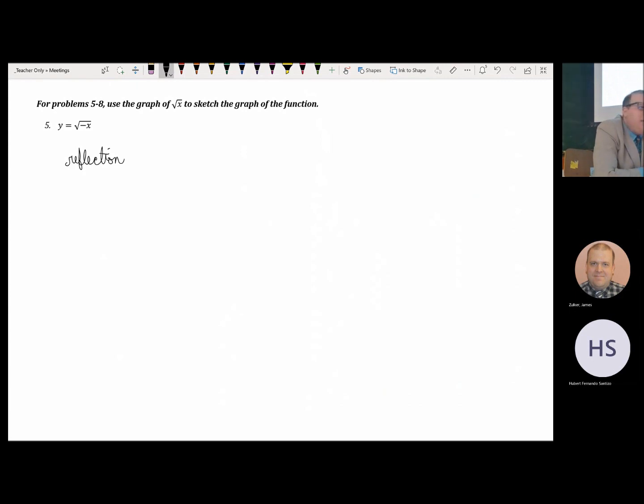It's the inputs that are being affected. So it's a horizontal reflection, which is across the y-axis. And that's the only transformation that this one gives us.